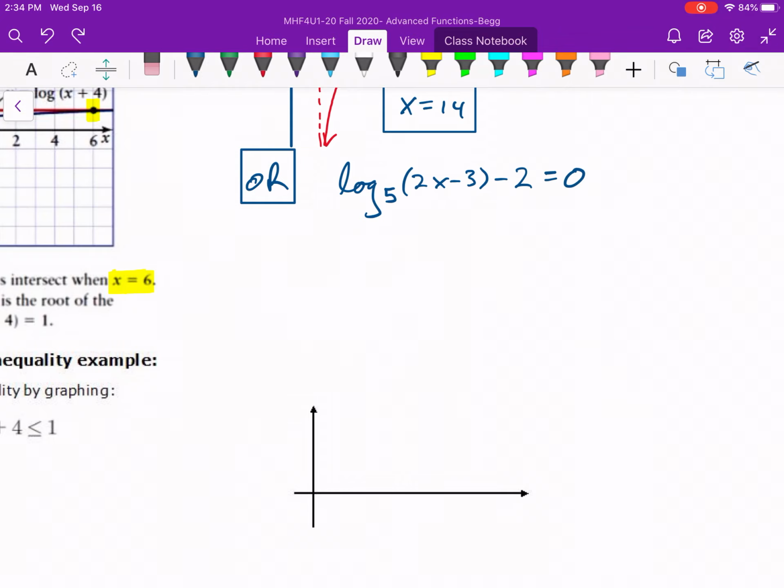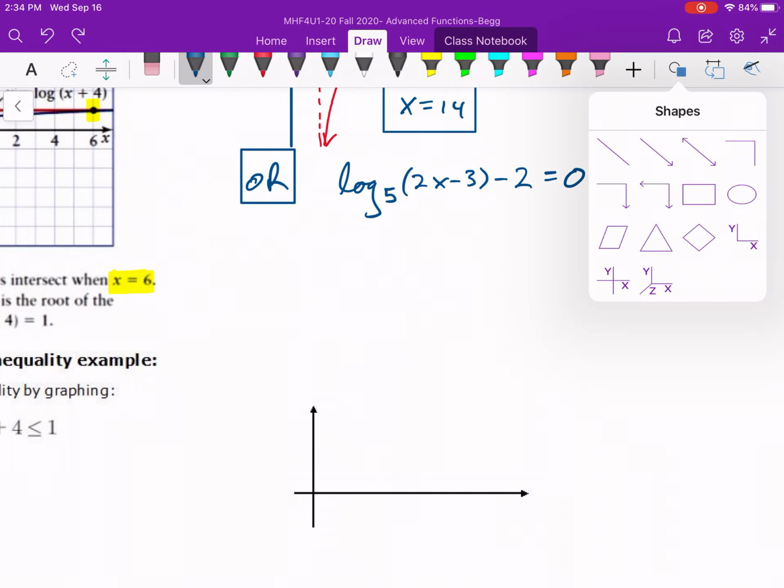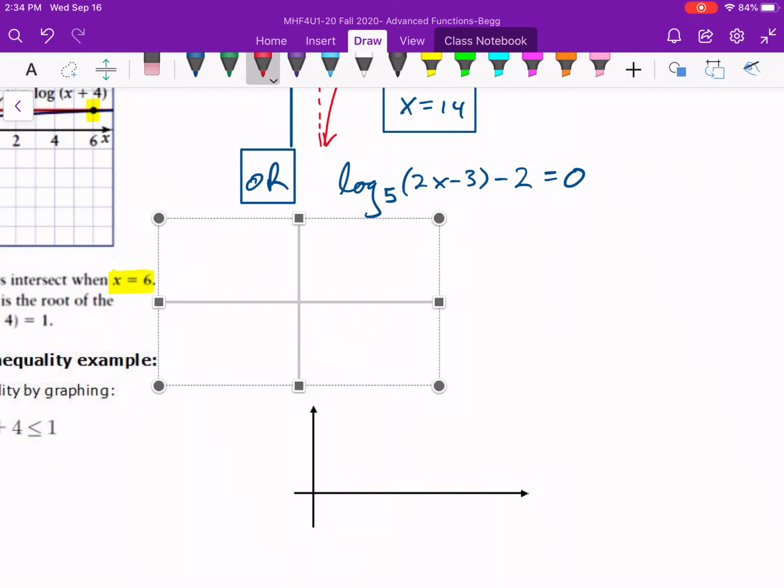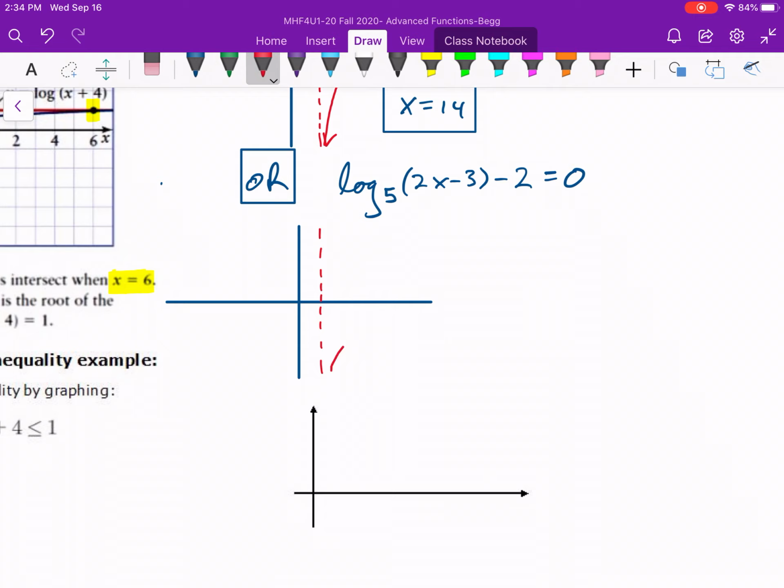Maybe a quick sketch of that one as well. So it still has the same asymptote at 1.5, but now it's going to be a little bit shifted over to the right.